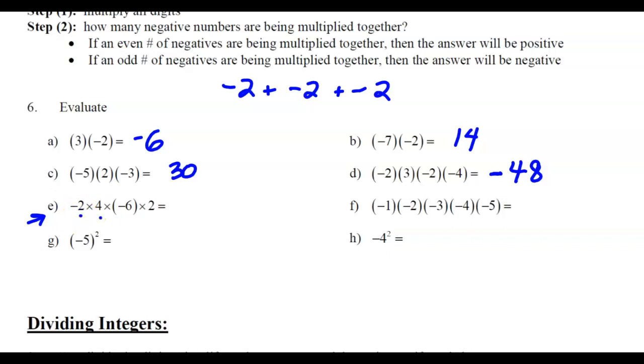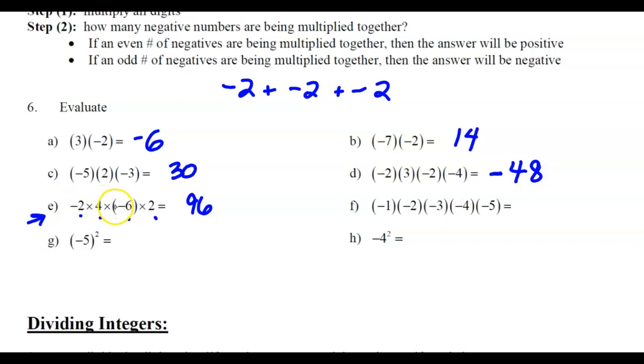So this 2 times 4 times 6 times 2. When I'm using just my head, my fast way to think about this is really 2 times 4 is 8, 6 times 2 is 12. So if I know my 12 times table, 12 times 8 is 96.